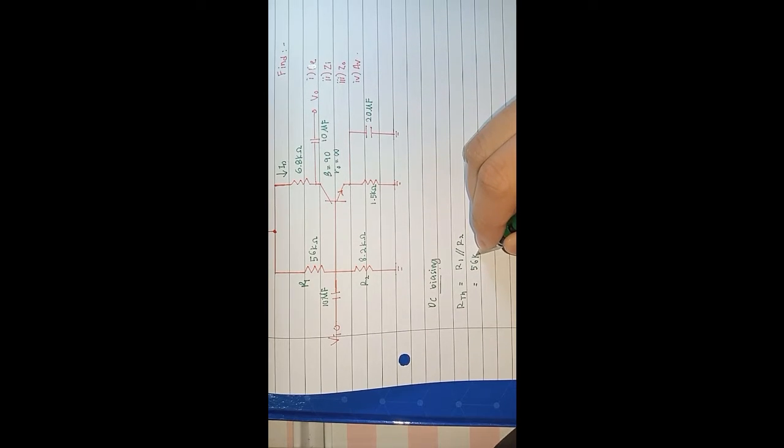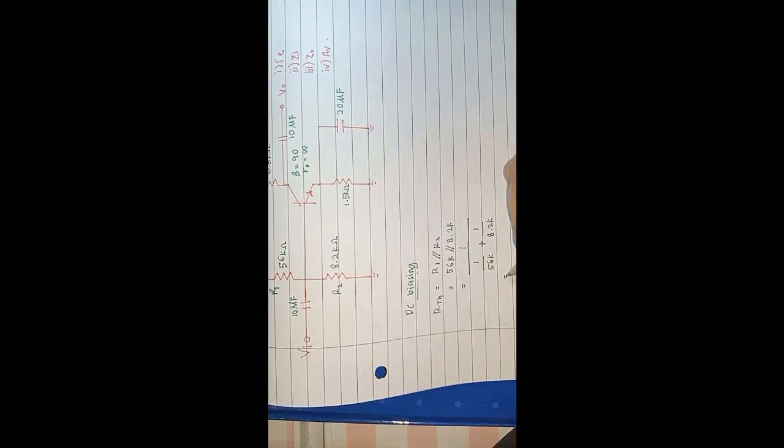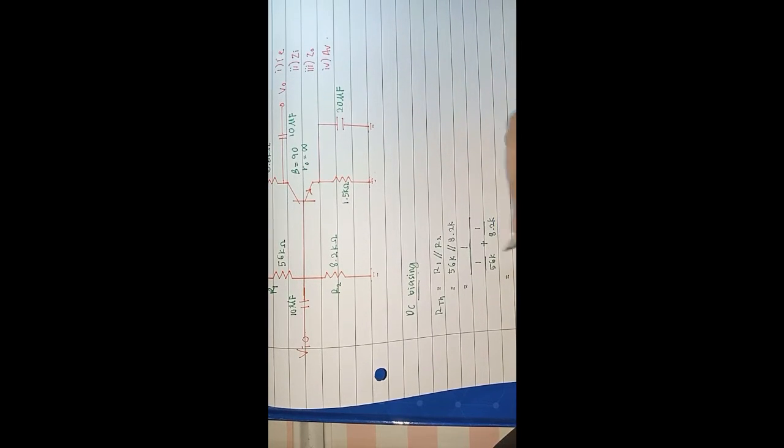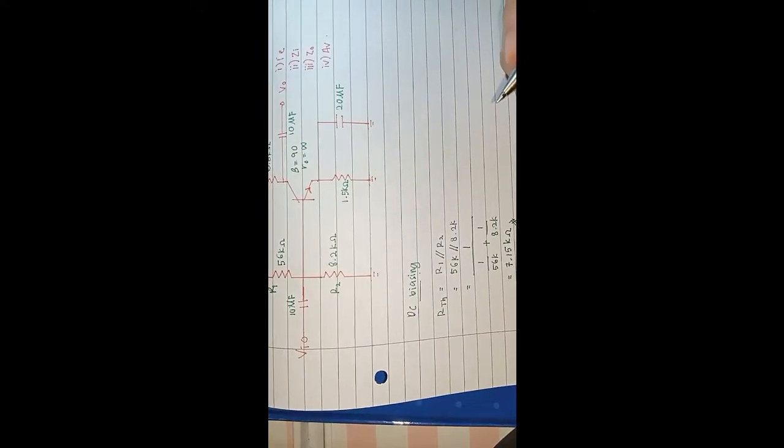So R1 is 56 kilo parallel to 8.2 kilo. So 1 over 56 kilo plus 1 over 8.2 kilo. So right here we will get the answer is 7.15 kilo ohm.